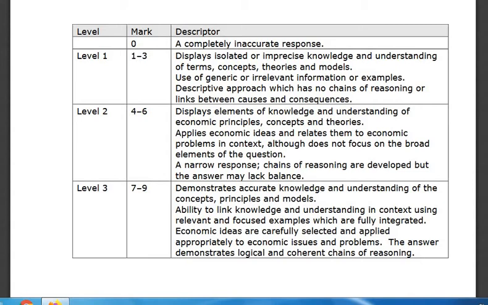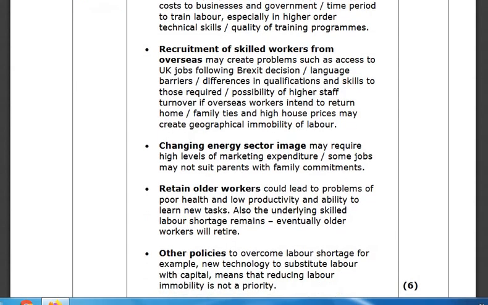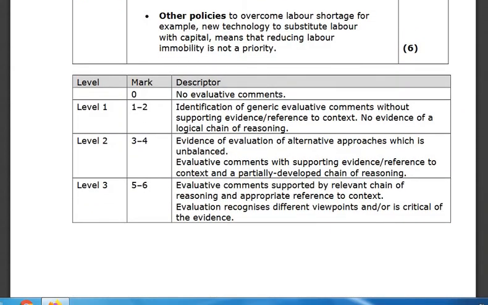They expect logical and coherent chains of reasoning. If you're just writing out the mark scheme, you're not going to be showing those things. You're going to be in level 1 or maybe the lower reaches of level 2. And the other 6 marks are for evaluation.